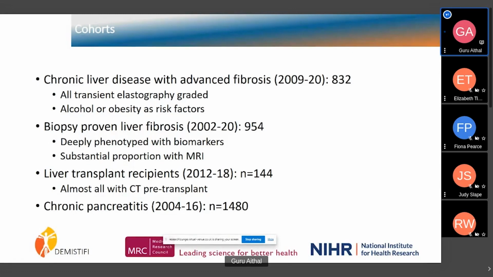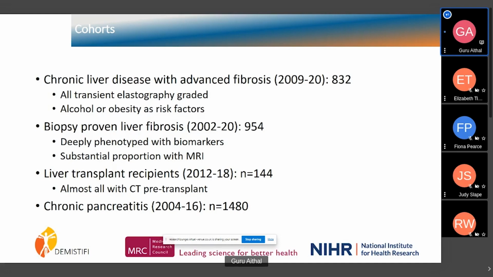Our objective is to then see whether it exists in our cohort. These are the cohorts that we have developed over a period of many years. We were lucky to also have a biomedical research center for the past 5 years and a digestive diseases group, the Nottingham Digestive Diseases Center. That's how we started. We're even luckier to have the NIHR Biomedical Research Unit, which we started in 2009.